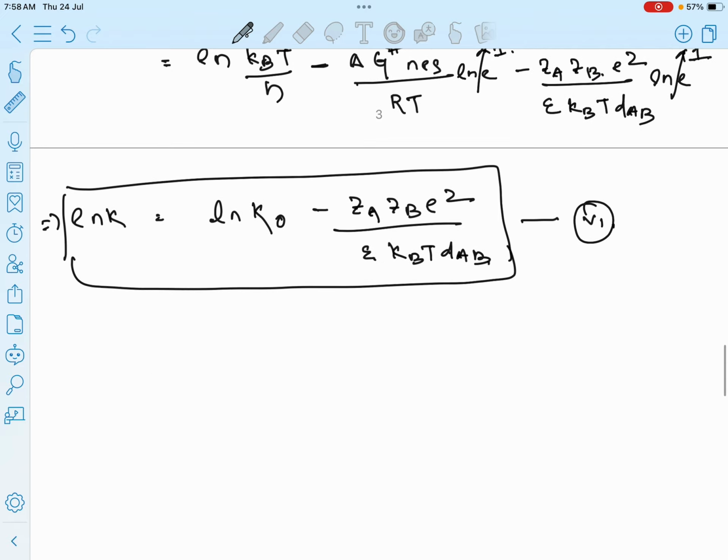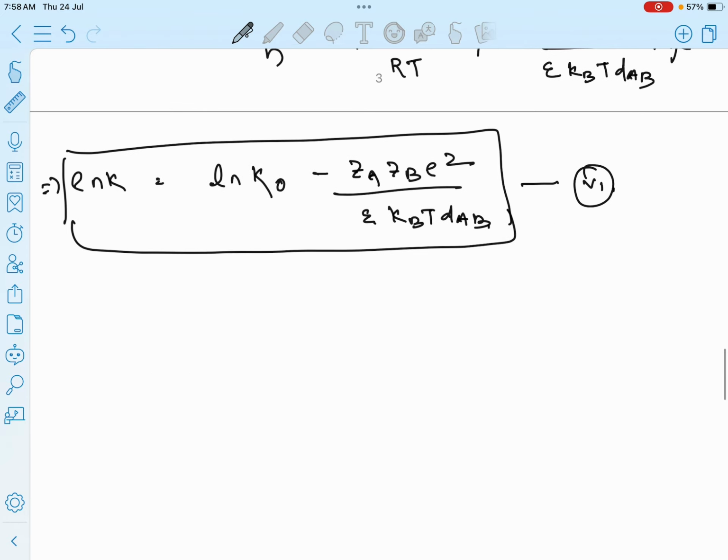And if we try to draw the plot, this is the y, and if we put 1 by epsilon as x, m will be minus ZA ZB into e square, and this is the y intercept. So here y is equal to ln k, x is equal to 1 by epsilon.